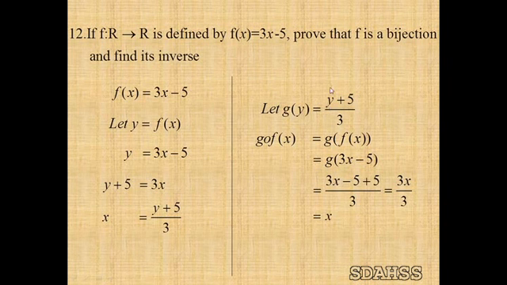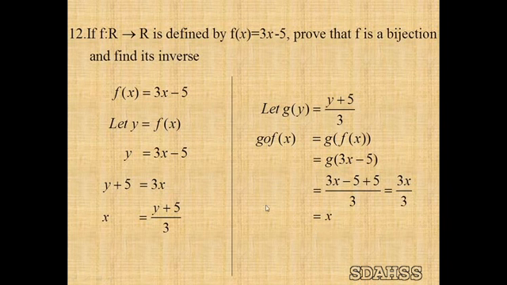Here minus 5 plus 5 cancel out. So then you have 3x by 3, the 3 cancels. Then we have x. So g dot f of x is equal to x.